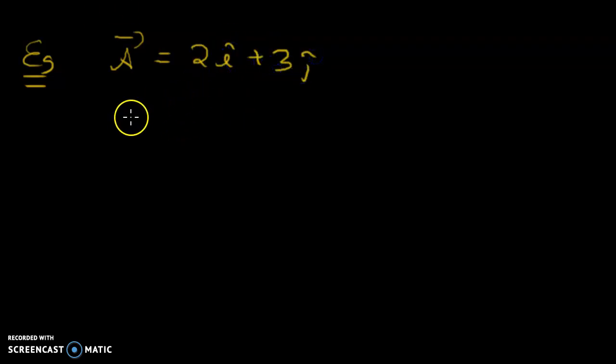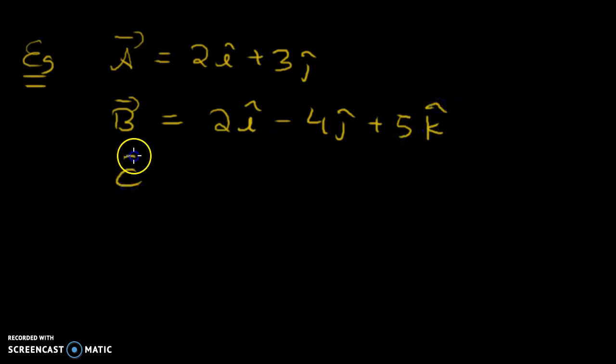Say one vector is 2i cap minus 4j cap plus 5k cap, and after resolving, another is written in terms of unit vectors as 10j cap plus 15k cap.